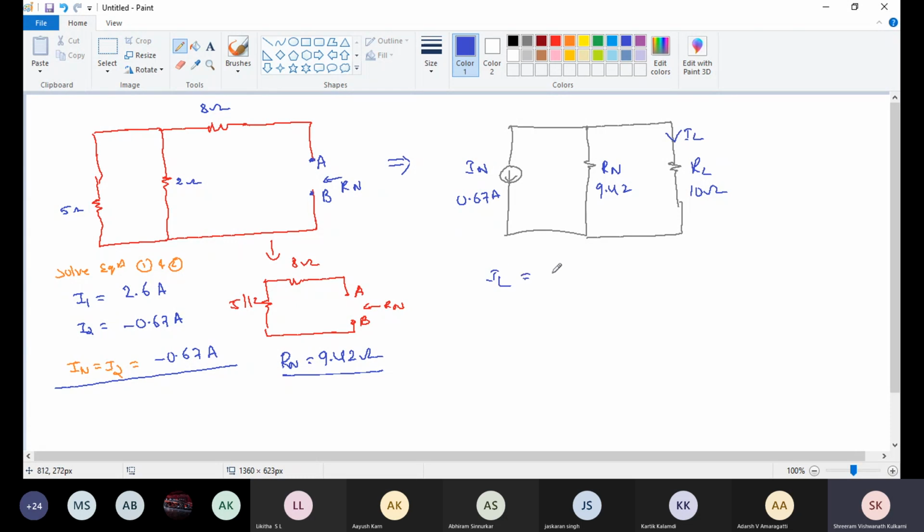IL equals total current 0.67 into opposite resistance divided by total resistance. How much? 0.32 ampere.